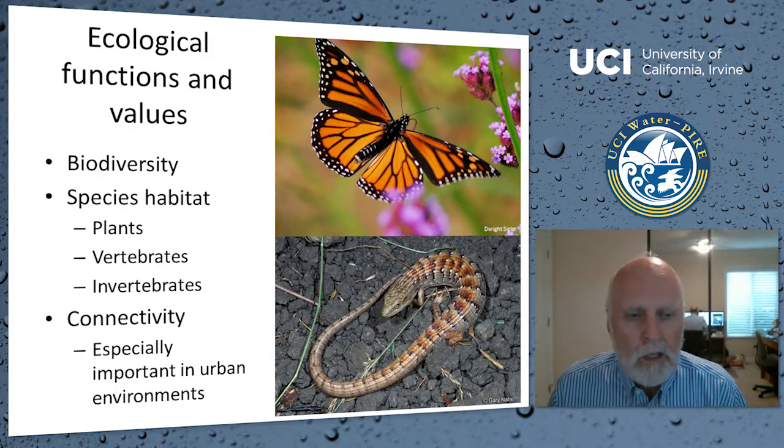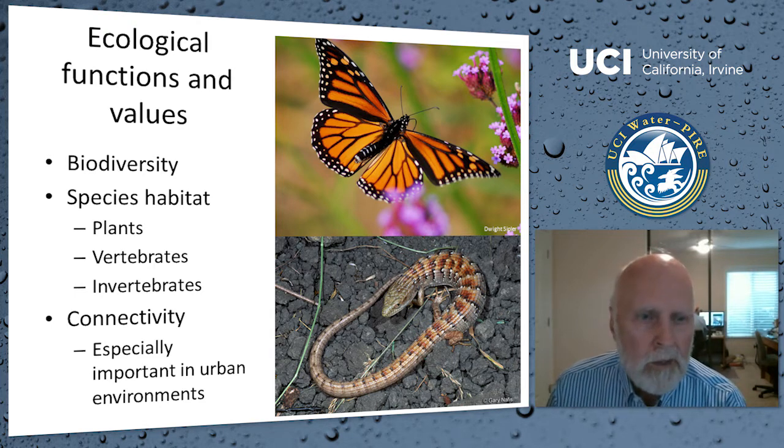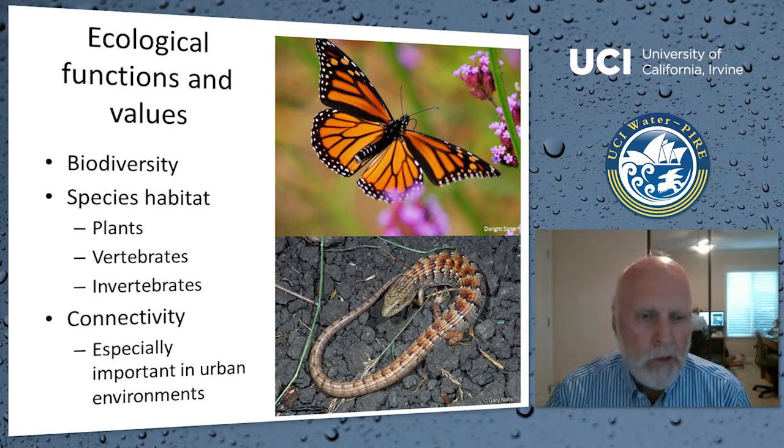So if we go to the next slide, slide 14, this is just an example of some of the ecological functions and values that biofilters might provide. Lisa talked a lot about biodiversity and some of the ecological theories relating to biodiversity. They provide species habitat for plants, vertebrates, and invertebrates.